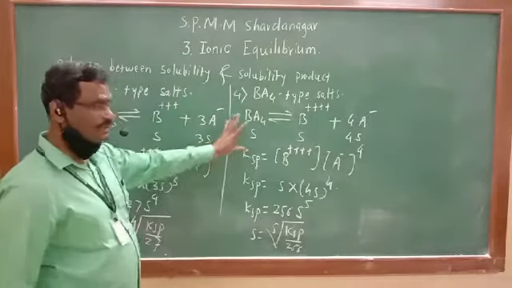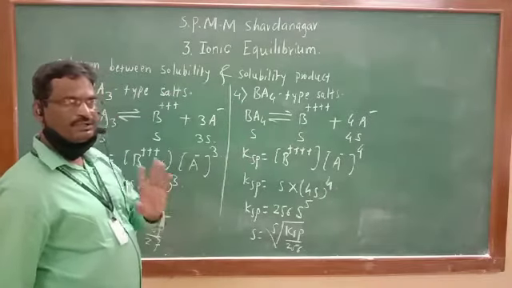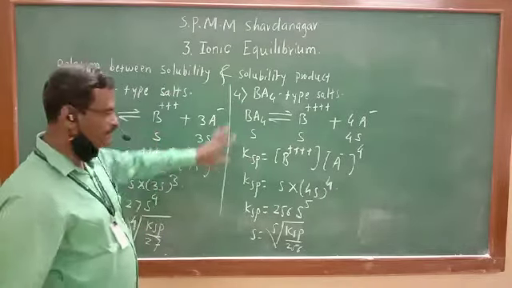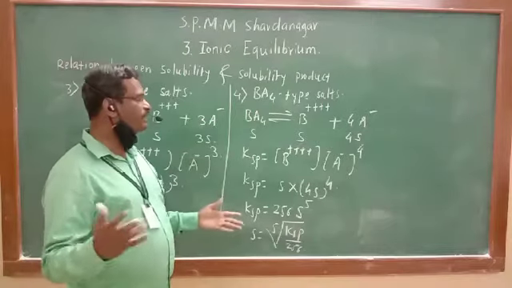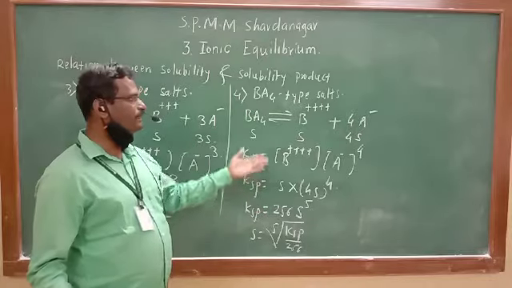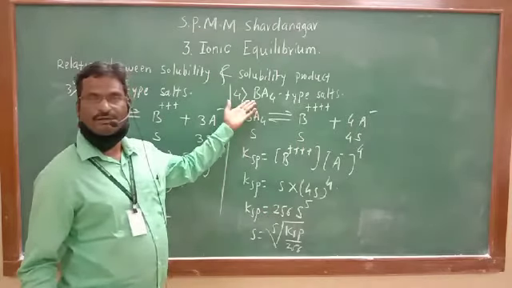See, these equations are important. These equations are not directly asked to derive. You will not be asked to derive the relation between solubility and solubility product of BA4 type of salt.